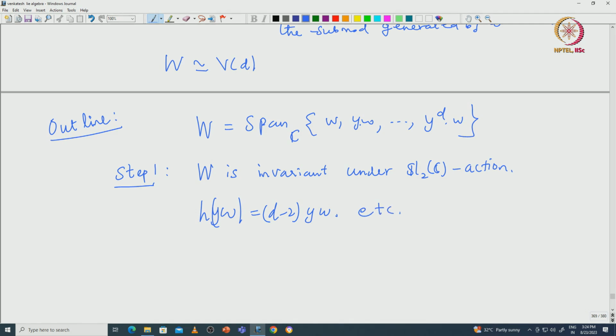That tells us that w, y w, they are all eigenvectors for the operator h with the eigenvalues corresponding to d, d minus 2 and so on, down to minus d. These are all the h eigenvalues, so these are all h eigenvectors.